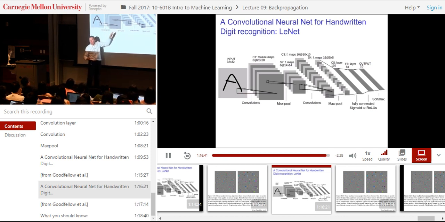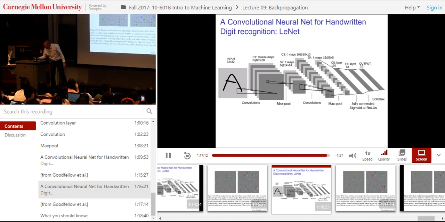The max pool unit is going to just take the maximum of any of the features that go into it. There might be one here, and there might be another one here, and it's going to, I'm sorry, I should point here when I point to the max pool. It's going to look at all the ones that feed into here, which will be a variety of regions that are neighboring in the image here. They'll map into here, and then the max pool is going to take just what the maximum value is.